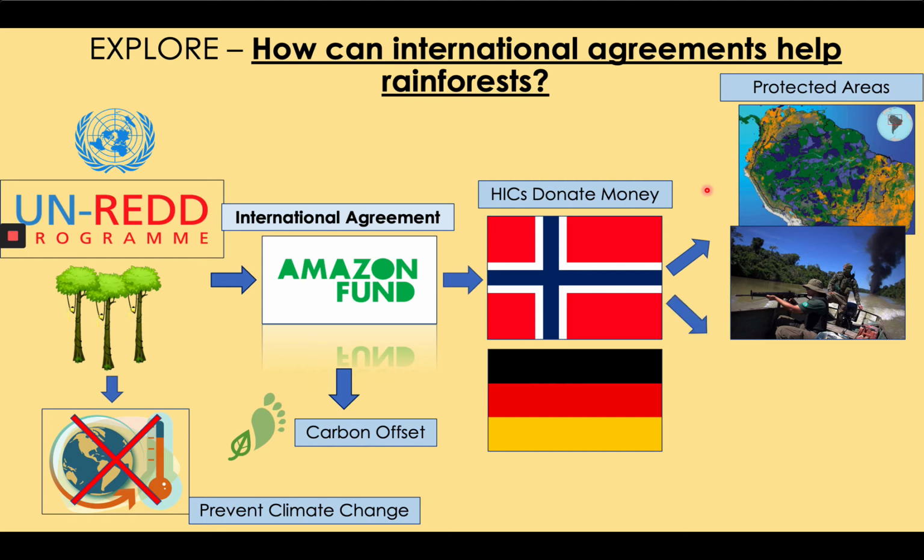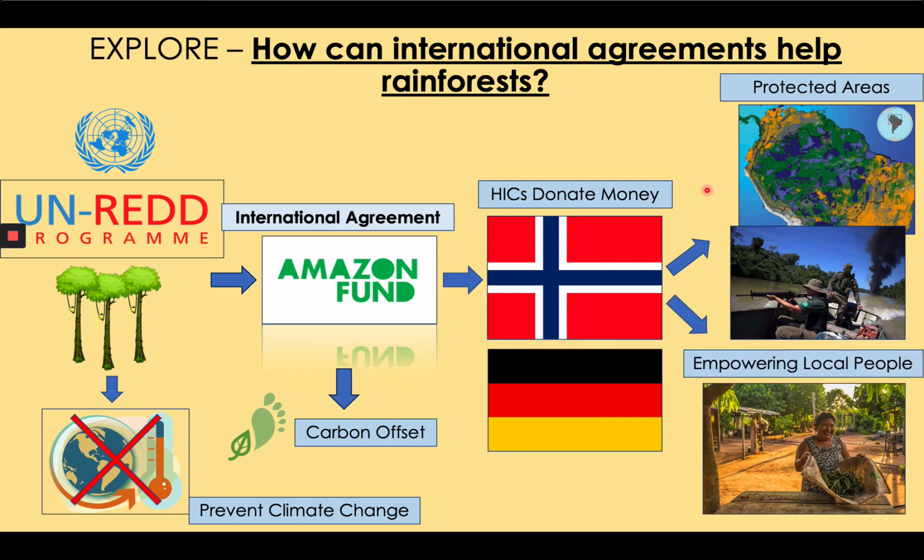Additionally, the money is used to empower local people. These local people who live in the southern regions of the Amazon here are educated and trained in ways of farming that do not damage rainforests as much. For example, by using crops that are found naturally within rainforests, such as Brazil nuts.